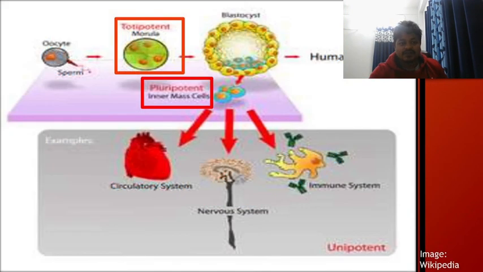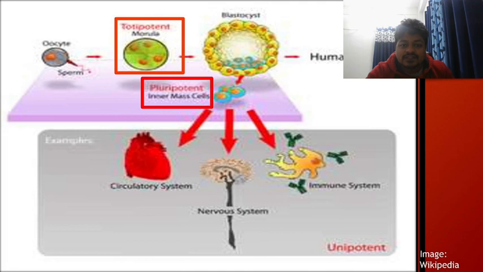You can see here, with time, what happens? If you follow this developmental pathway, you will see firstly these totipotent cells are being produced. Then these totipotent stem cells become something at one level. How this is actually happening, I will discuss in a later lecture. That totipotent cell, after losing a few potencies, becomes pluripotent stem cells.